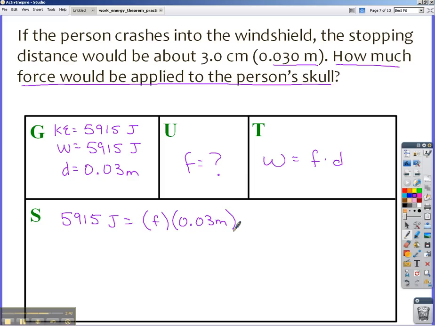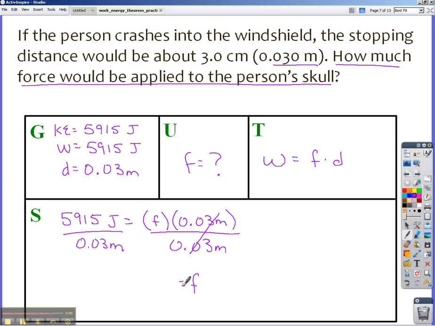Now, to be able to solve this problem, I'm going to have to isolate F. I'm going to have to get F by itself. So right now, F is being multiplied by 0.03. So I'm going to need to divide both sides by 0.03 meters. That's going to cancel, leaving me just F on that side. And then I get out my calculator.